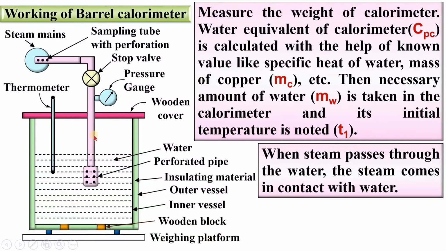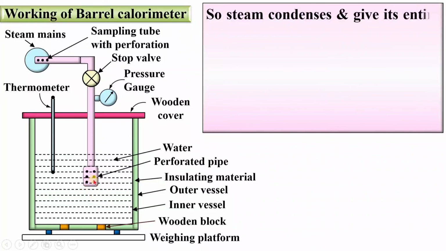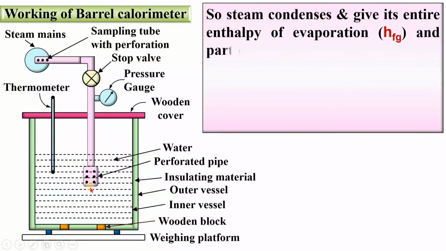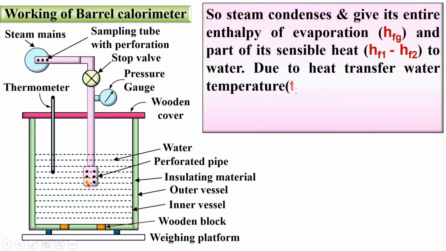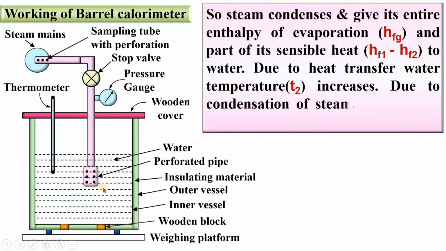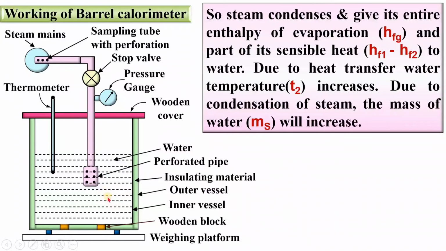Now when steam passes through the water, the steam comes in contact with this water. So when this valve is open, the steam from the steam mains passes through this valve, comes out from this pipe and mixes with the water in the barrel calorimeter, so that the steam condenses and gives its entire enthalpy of evaporation, that means hfg, and some part of its sensible heat, that means hf1 minus hf2, to this water.